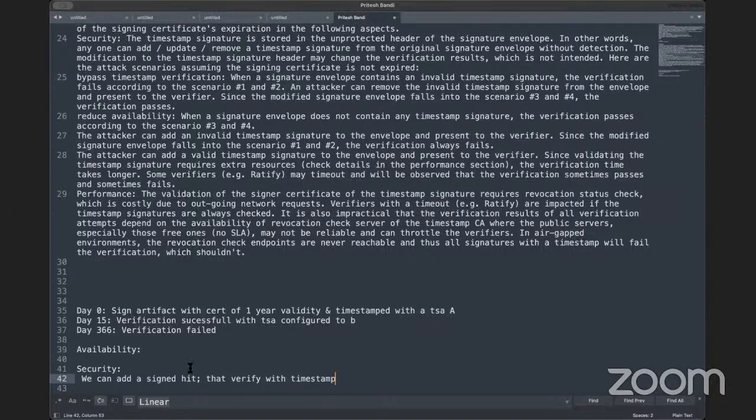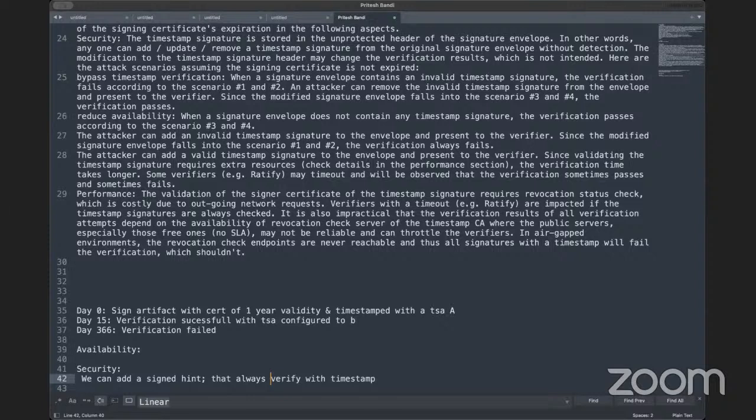Yes. There's another option: are you suggesting moving the timestamp signatures into the protected attributes? No, just add a signed parameter saying to look for a timestamp signature.